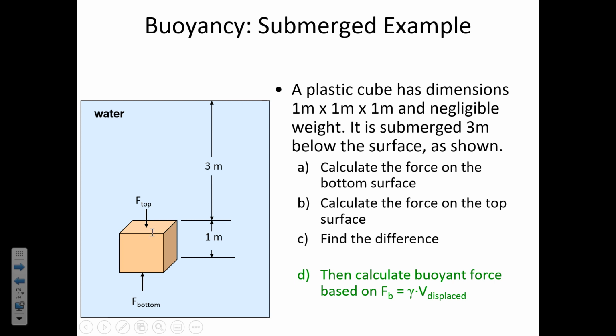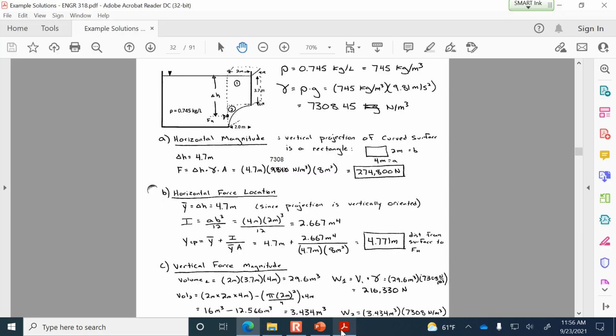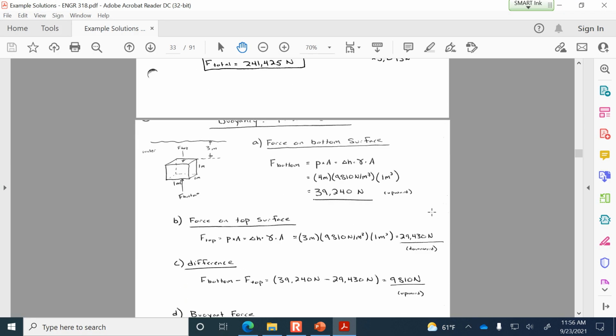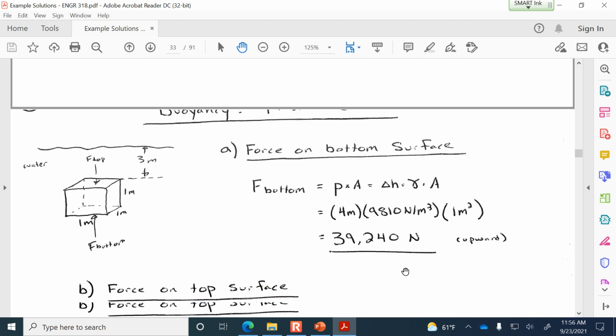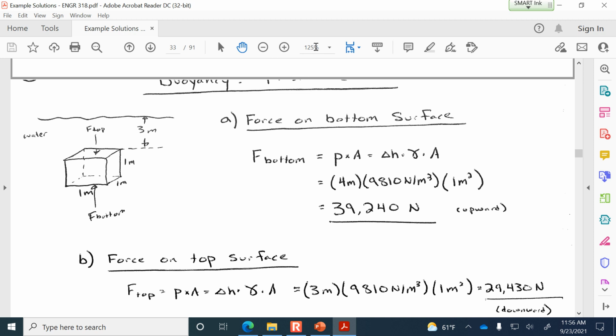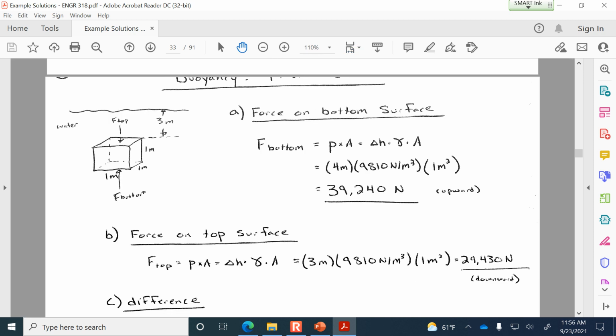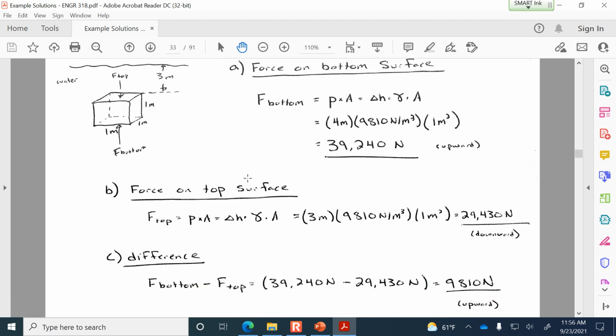Let me just bring these calculations up onto the screen so that this one gets included as well. All right, so you can see that we calculated the force of the water acting upward on the bottom, the force of the water acting downward on the top, and then the difference between the two, 9810 newtons.